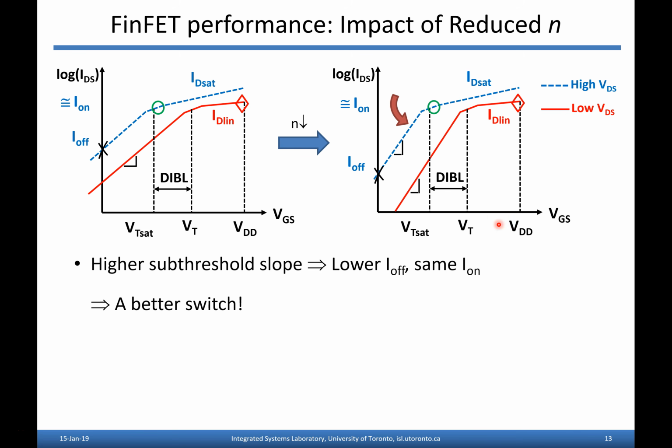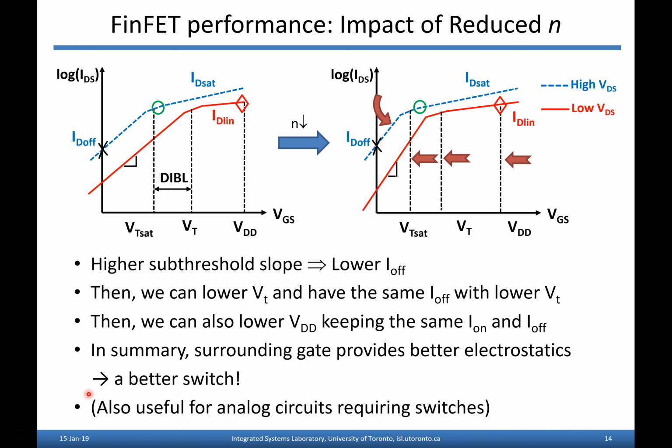So what's usually done is this improvement in subthreshold slope is traded off against other technology parameters. Specifically, when you go to FinFETs, n is reduced, you get the steeper slope, but at the same time you can then afford to reduce VT. So VT shifts over from right to left. VT sat also shifts over.